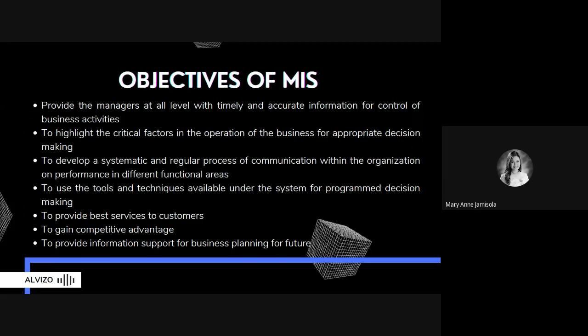The objectives of the MIS are the following: to provide the managers at all levels with timely and accurate information for control of business activities, to highlight the critical factors in the operation of the business for appropriate decision making, to develop a systematic and regular process of communication within the organization on performance in different functional areas, to use the tools and techniques available under the system for program decision making, to provide best services to customers, to gain competitive advantage, and to provide information support for business planning for the future.